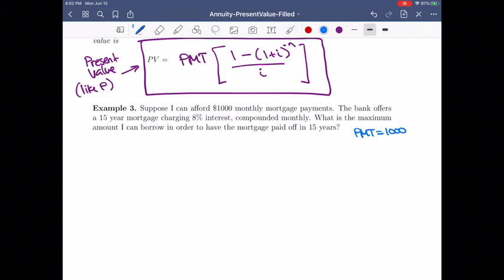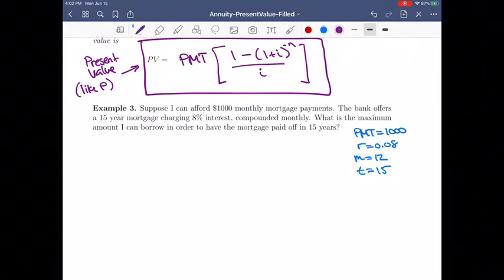The interest rate is 0.08. It's compounded monthly, so my M is 12, and the T is 15 years. And we want PV for this one. We want to know how much I can borrow. So what's the present value of this amount?